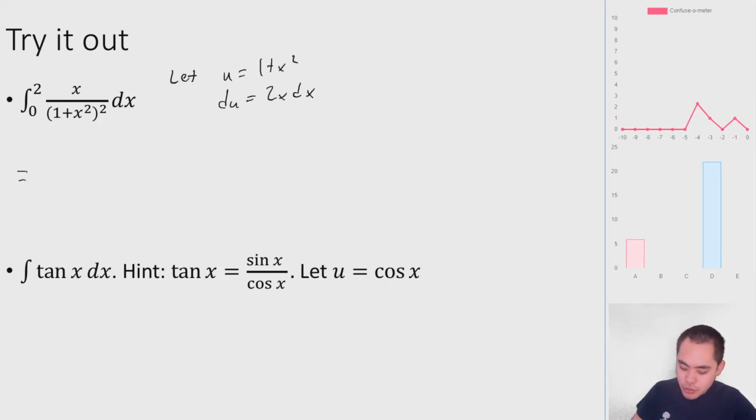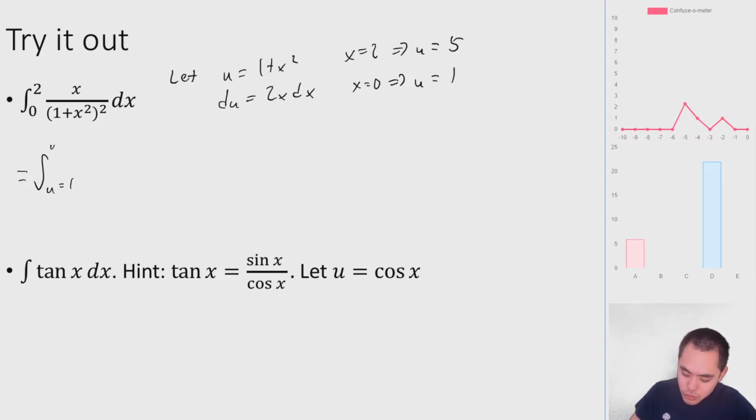And so here we had, if x is equal to 2, then u is equal to 5. If x is equal to 0, then u is equal to 1. And so when you plug this in, you get an integral from u equal to 1 to u equal to 5 of 1/2 times 1 over u squared du.